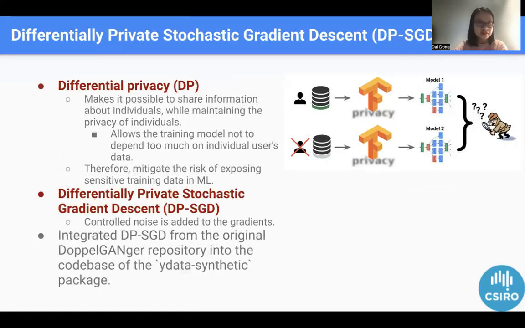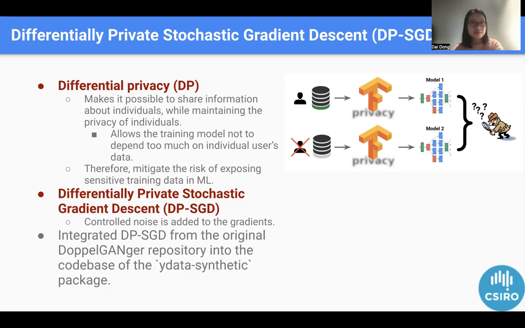We use differential privacy to train the GAN models. What it does is make it possible to share information about individuals while maintaining the privacy of individuals. DP allows the training models to not depend too much on individuals' user data, and therefore it can help mitigate the risk of exposing sensitive training data in machine learning.